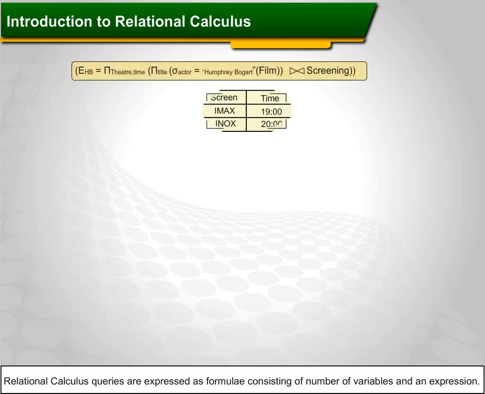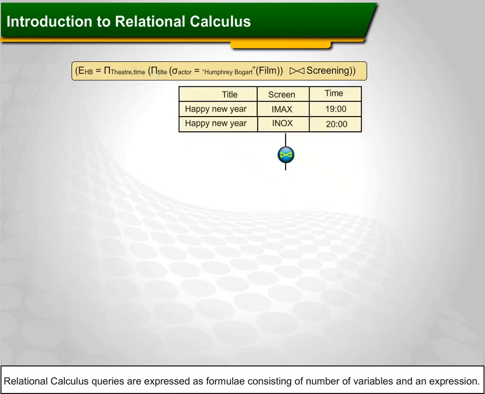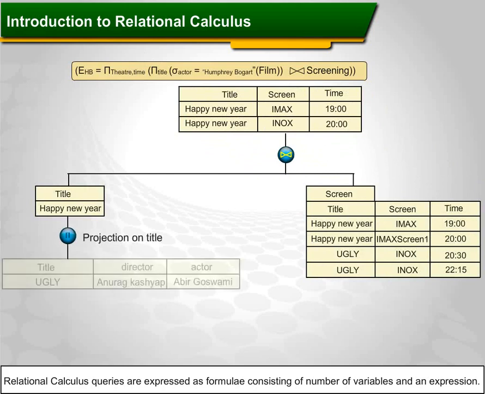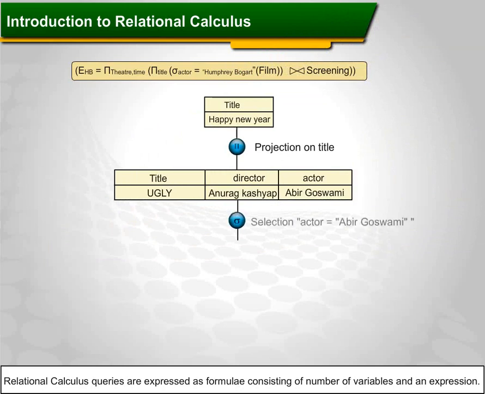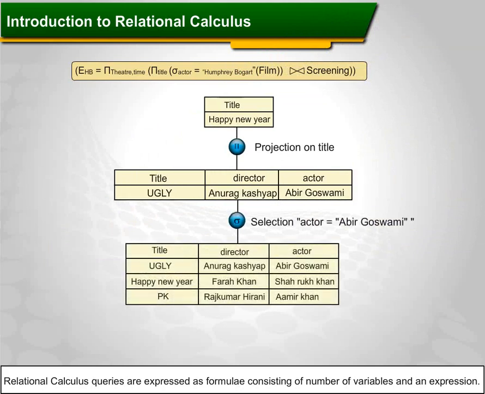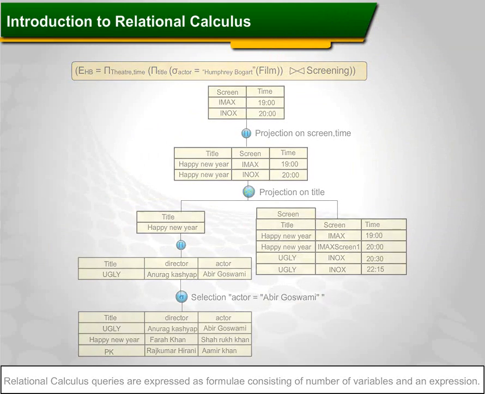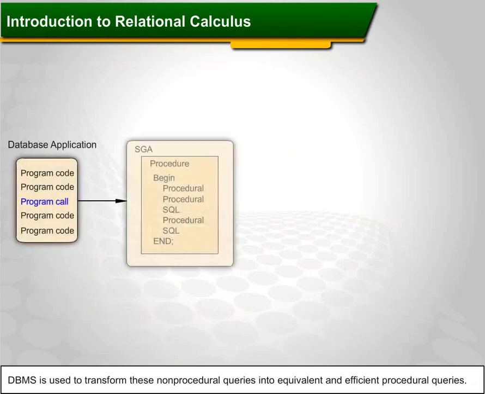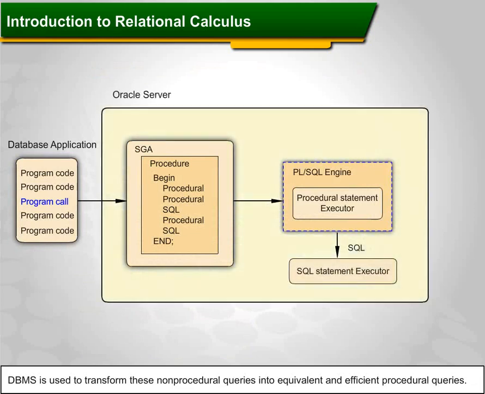EHB is equal to phi theater time pi title sigma actor is equal to Humphrey Bogart film screening. The DBMS is used to transform these non-procedural queries into equivalent and efficient procedural queries.